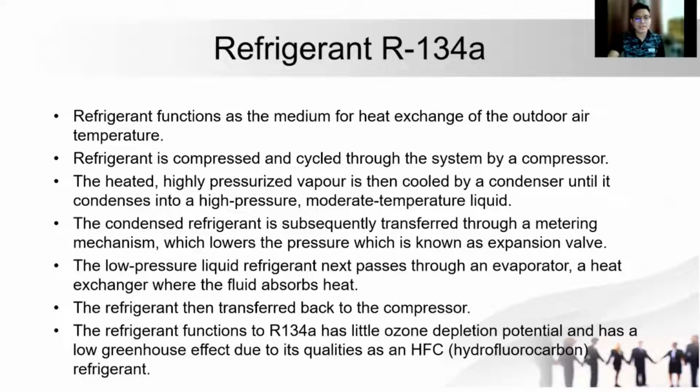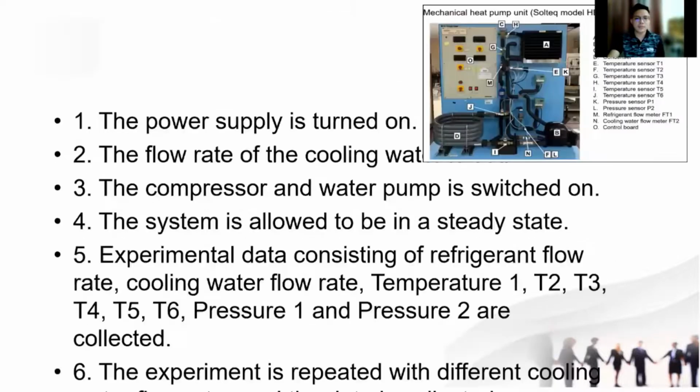The condensed refrigerant is subsequently transferred through a metering mechanism which lowers the pressure, known as the expansion valve. The low pressure liquid refrigerant next passes through an evaporator, a heat exchanger, where the fluid absorbs heat. The refrigerant is then transferred back to the compressor.